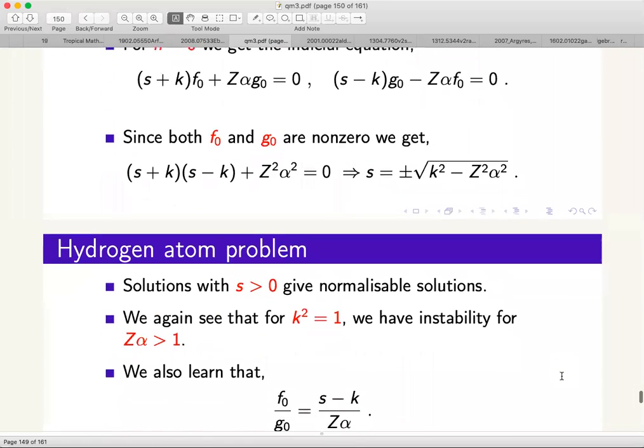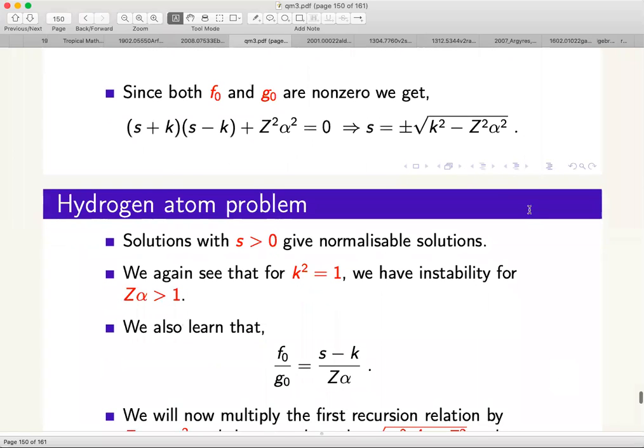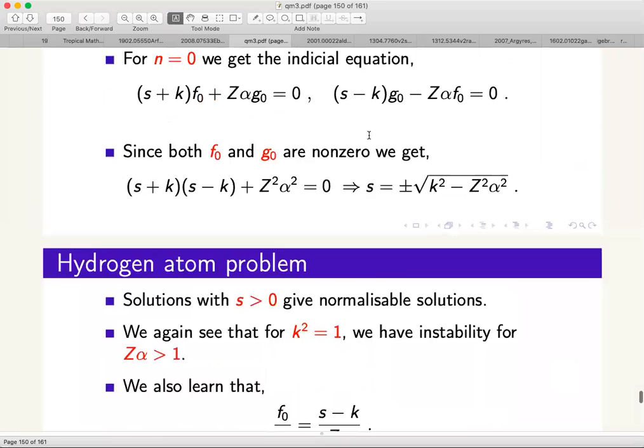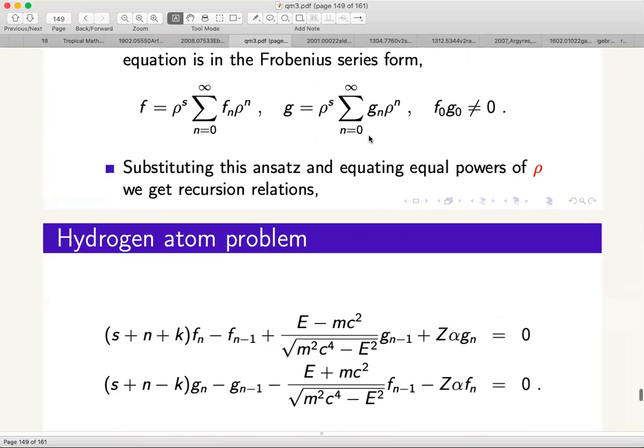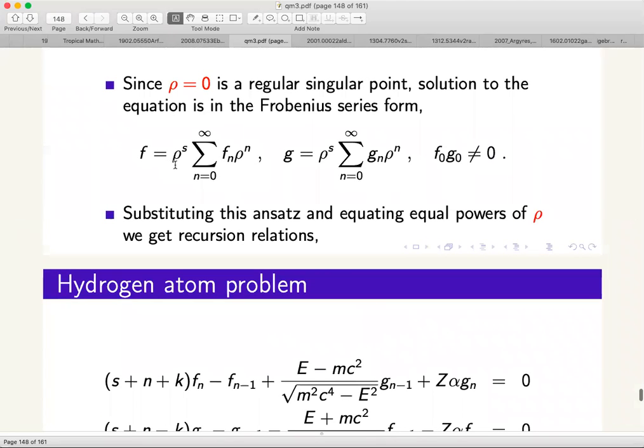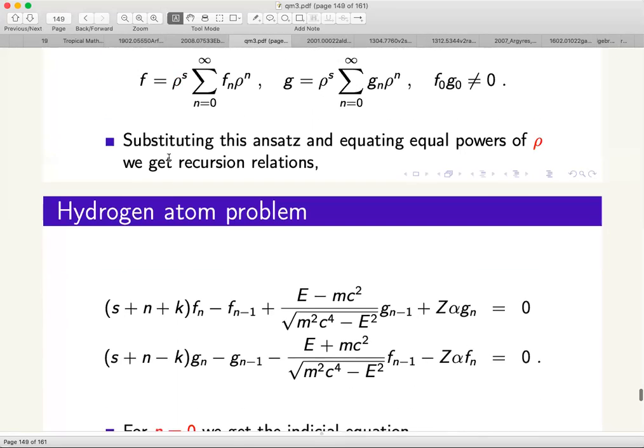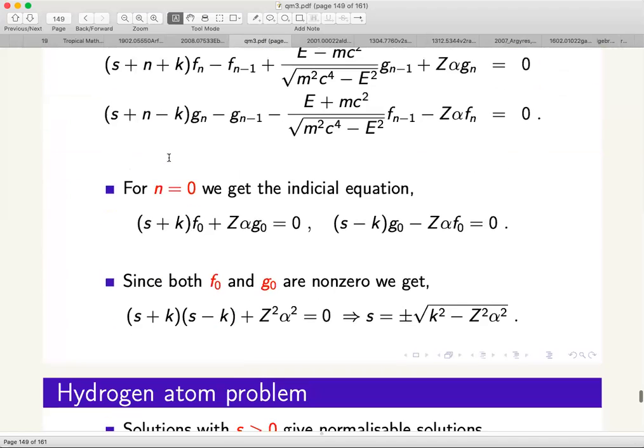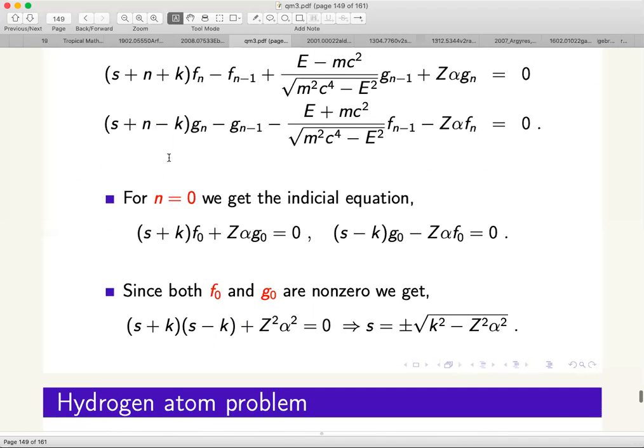Of course, we are going to choose s to be positive. You know why, right? Because if you choose s negative, then as rho goes to 0, F is going to diverge. So you don't want singular solutions like that. You want the wave function to be well behaved. So in spite of having plus or minus square root of something, we are going to choose only positive powers. And this is not the first time we are doing this.